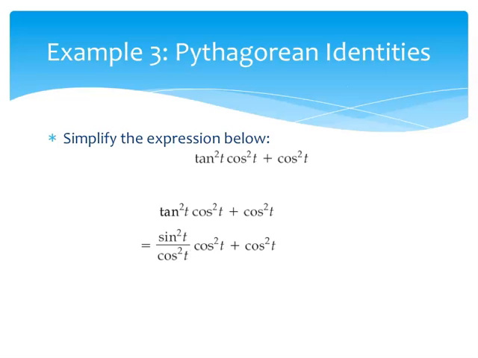Now you can see that the cosine squareds are going to cancel, which leaves us with sine squared plus cosine squared. And from here, we can actually simplify this even further by using a Pythagorean identity, because sine squared plus cosine squared is actually exactly equal to 1. And that's it.